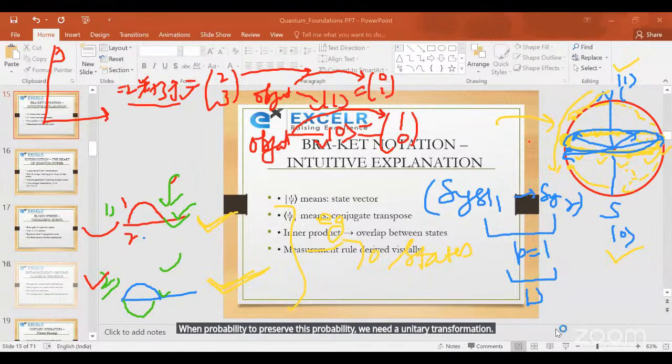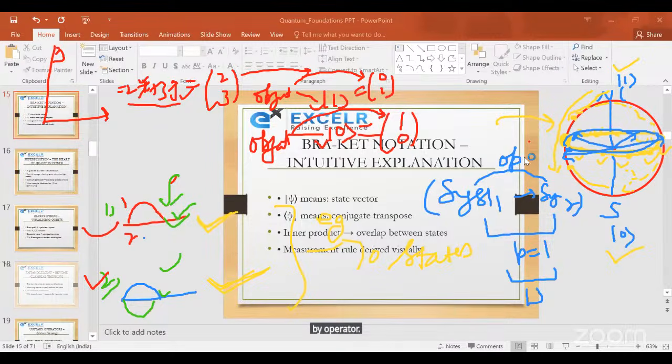And how do we go from system 1 to system 2? By an operator. So what is this operator? This we are going to design and study now.